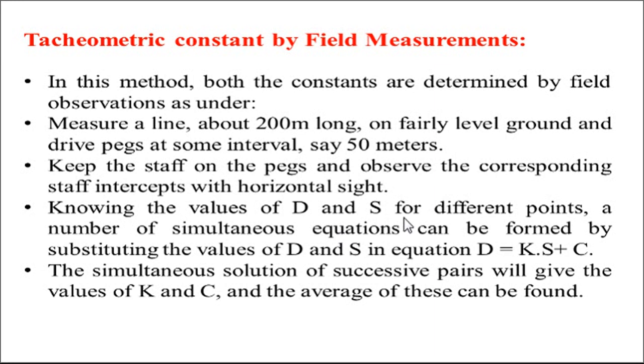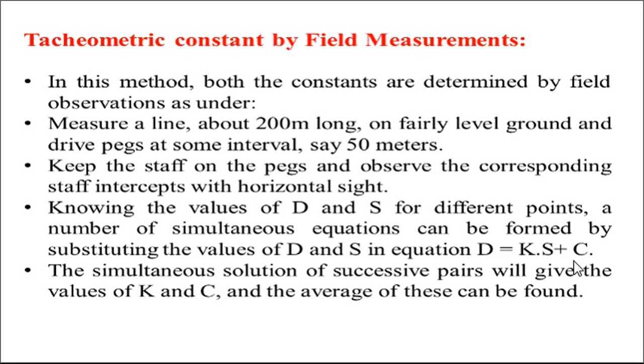In formula, D is equal to Ks plus C, that is first distance, say 50, is equal to K as it is, plus that staff intercept we have to substitute, and plus value of C. Similarly, D2 distance, say 100, is equal to K as it is, then second staff intercept we have to substitute, and value of C as it is. So in this way we will get the 4 or 3 simultaneous equations.